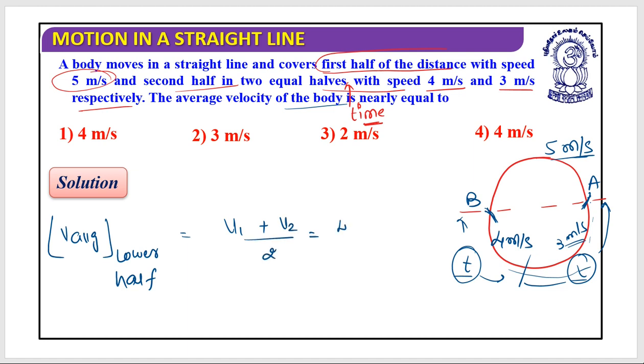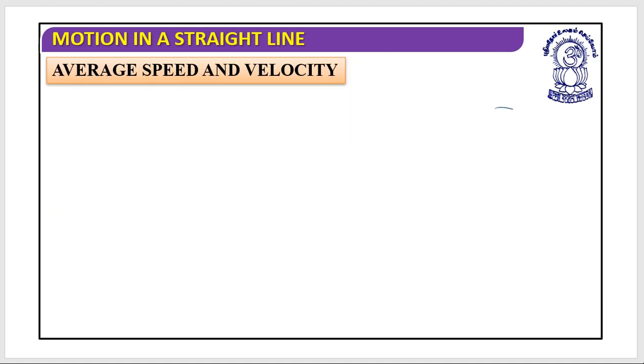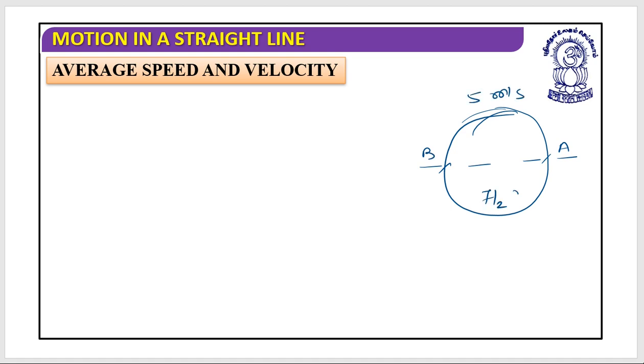So it is 4 plus 3 by 2, which is 7 by 2 meter per second, the average speed of this lower half. Now if I redraw this, the situation would be something like this: this is A, this is B, this is 5 meter per second, and this is 7 by 2 meter per second.